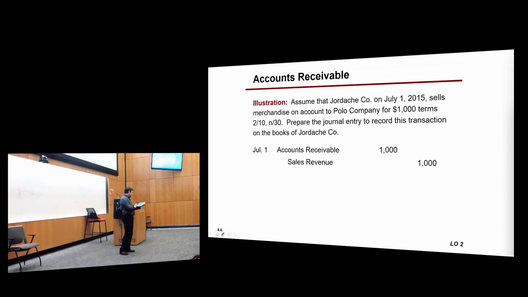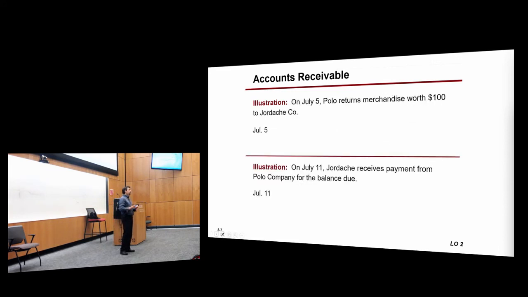Now later on, the customer returns $100 worth of merchandise. Now the money that you expect to receive will go down by 100, right? By the way, although we're making sales, we are not looking at the second part. Remember, we usually make two transactions: the first one to recognize the sale, the second one, cost of goods sold and inventory.